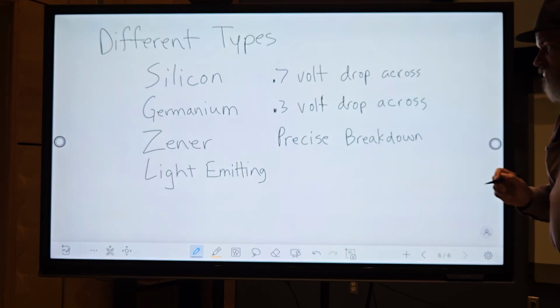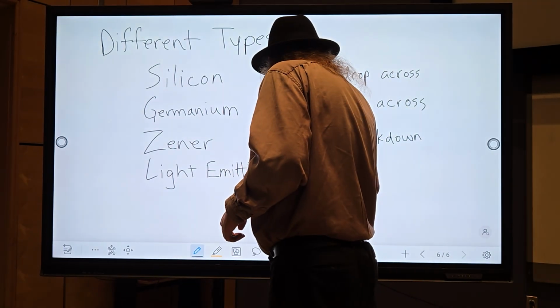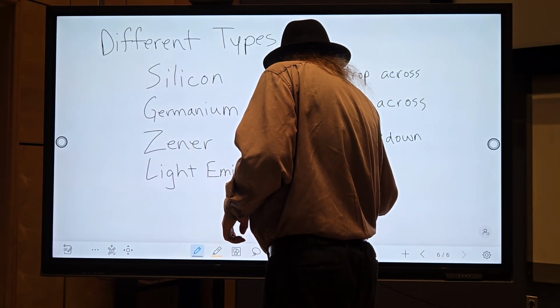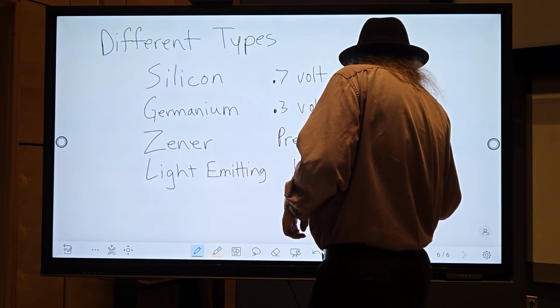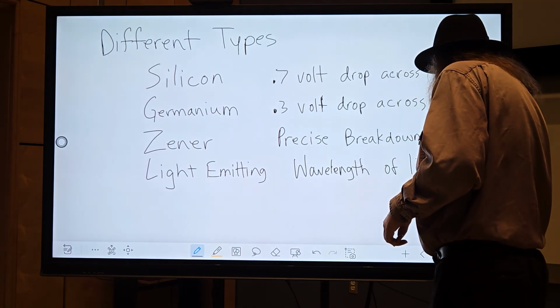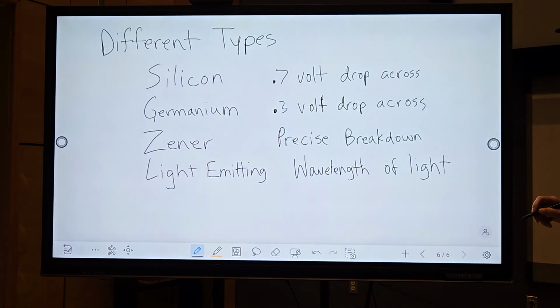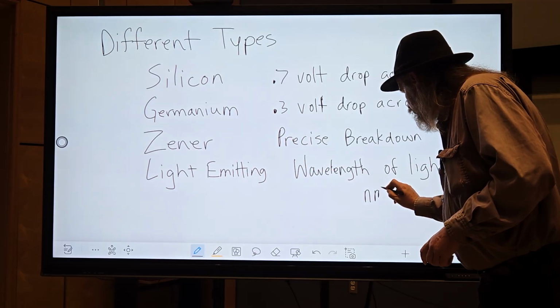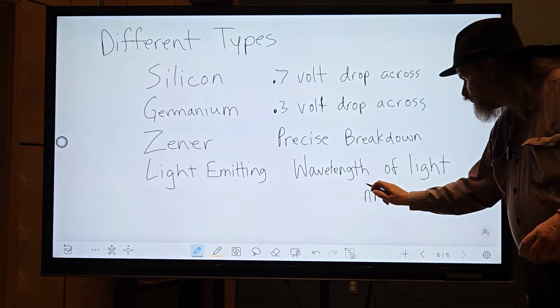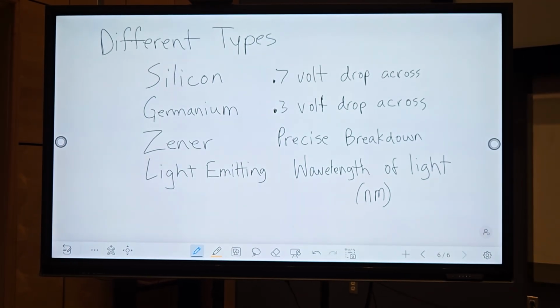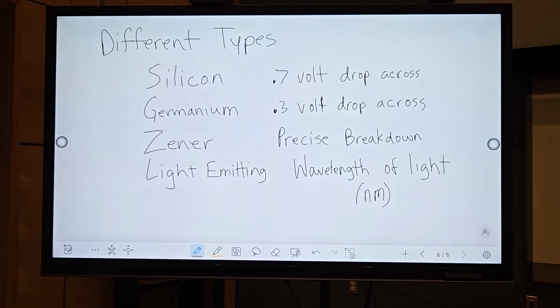Light emitting diodes are characterized typically by the wavelength of light, typically in nanometers. LED lights have gotten to be a lot cheaper and more versatile in the past 20 years than previously.